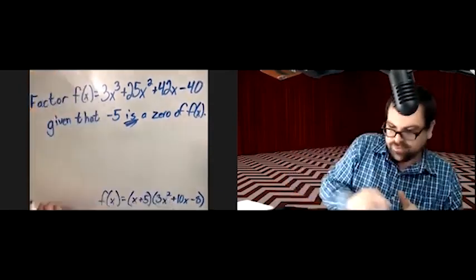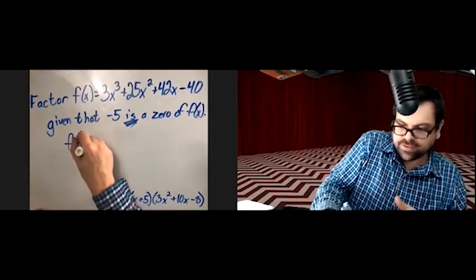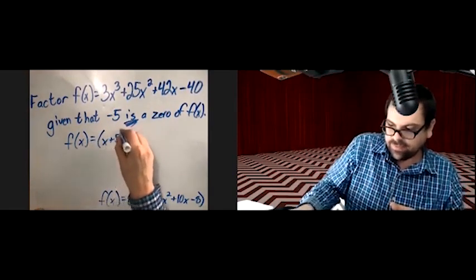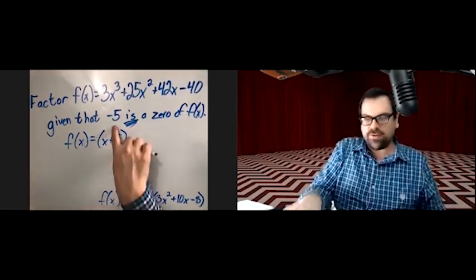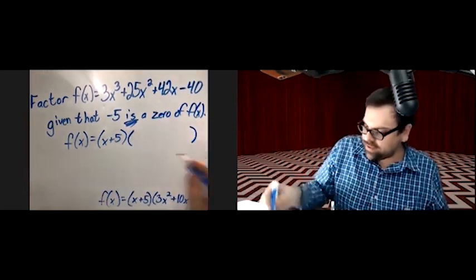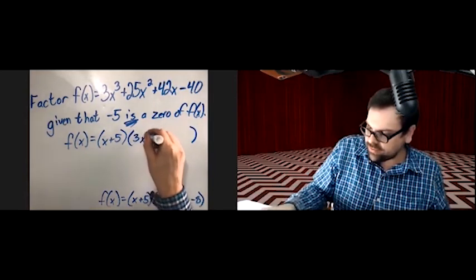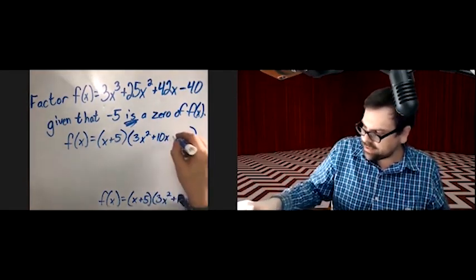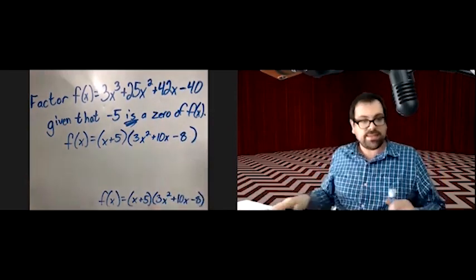We have now that f of x is x plus 5, the factor that gives us our 0 of -5. And then from doing the synthetic division, the rest of this is 3x squared plus 10x minus 8.